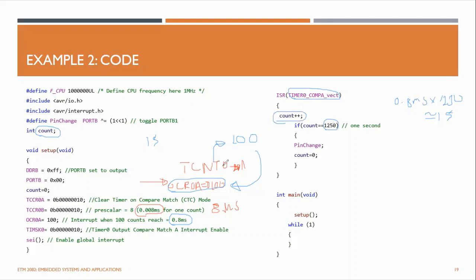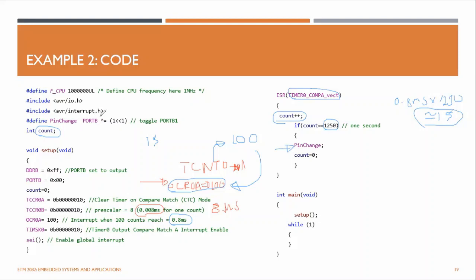Again, the TCNT0 will be reset and it is updating. When it reaches 100, it generates an interrupt again and updates this counter, and again generates an interrupt and updates this counter. When the counter reaches 1025, which equals 1 second, then I will call this pin change.